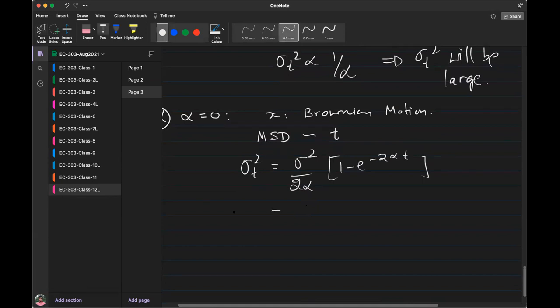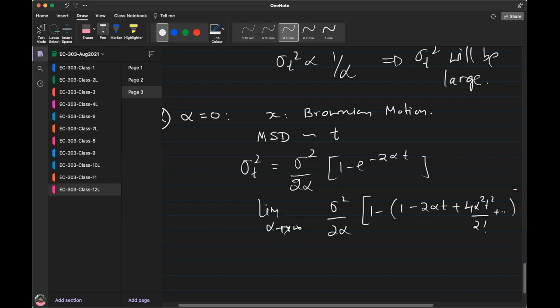Limit alpha goes to 0. What do we now find? To do that, what we basically do is expand this. It becomes 1 minus 2 alpha t plus 4 alpha square t square by 2 factorial and so on.